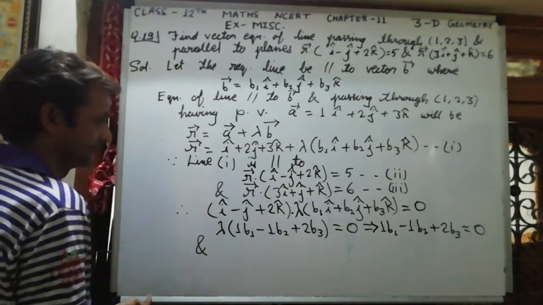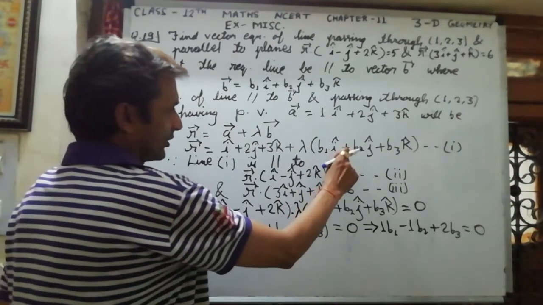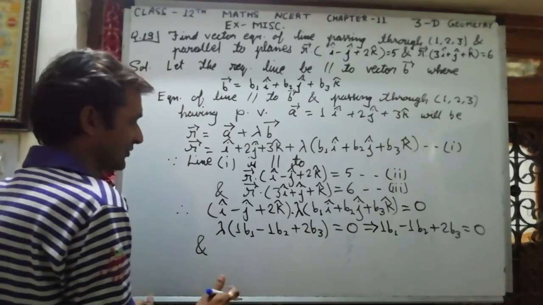And now the product of the second normal and this direction will be equal to 0.